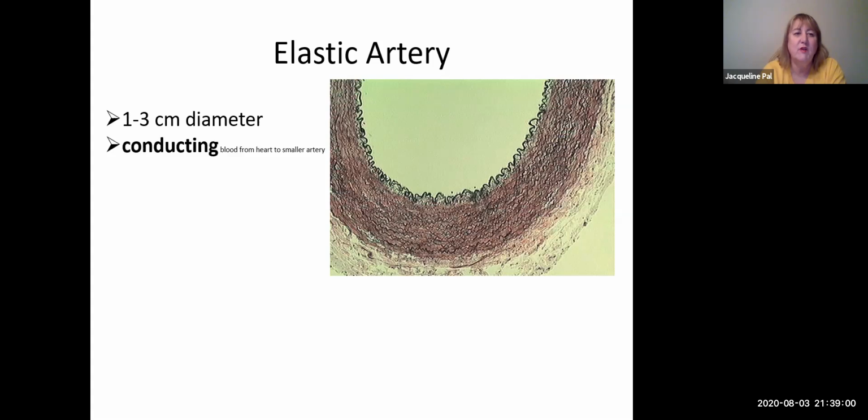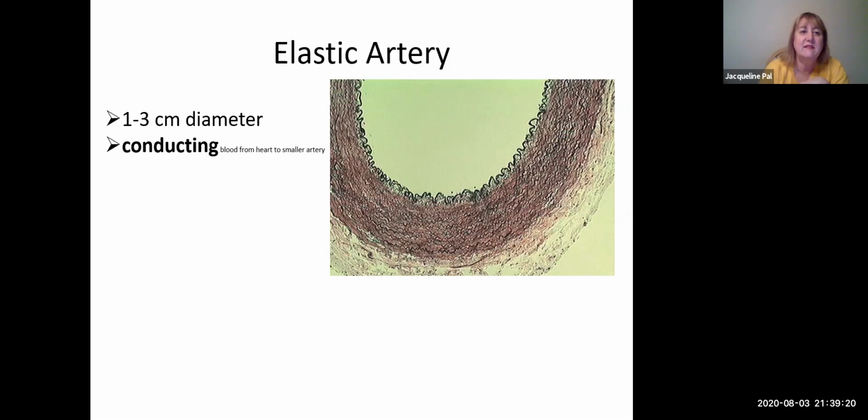These are also known as conducting arteries because they are not sending blood to any one organ. These are like the 405. They're taking blood from the heart to wherever, and the exit from the 405 is going to take them into the neighborhood they need to go to.